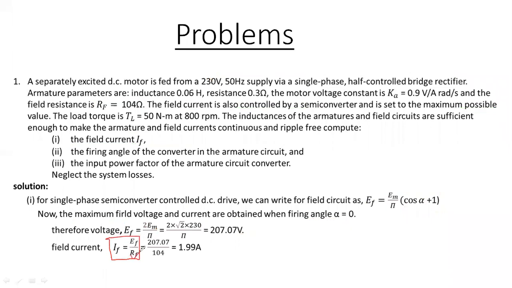We know RF, which is 104 ohms, but we didn't know EF, so in order to determine this voltage, we calculated EF here. Now substitute EF and RF in this formula, and you will get the field current as 1.99 amperes.